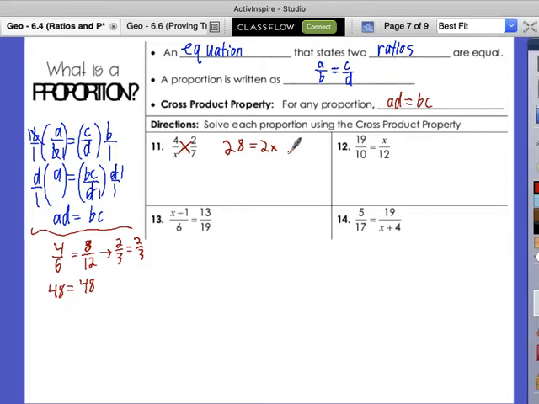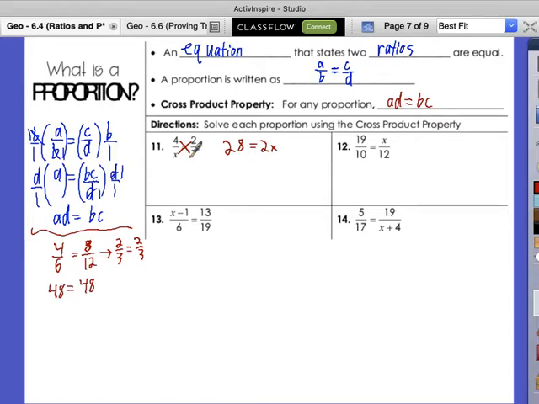I'm asking before we continue, does anyone need clarification on how we got 28 equals 2x? Because if you don't get that, you're going to be lost the rest of this note section. If we have two fractions equal, aka a proportion, we're going to cross multiply.